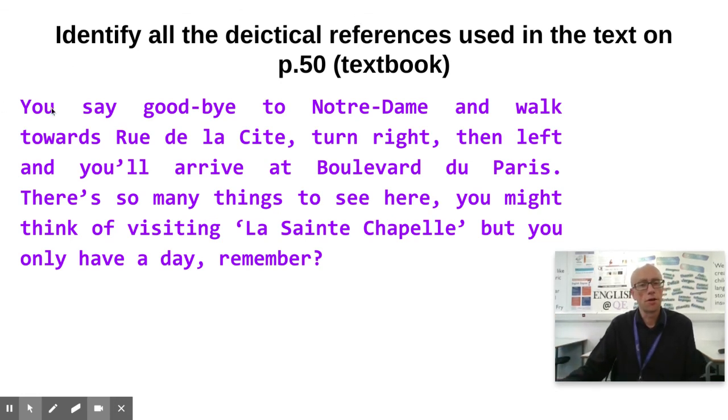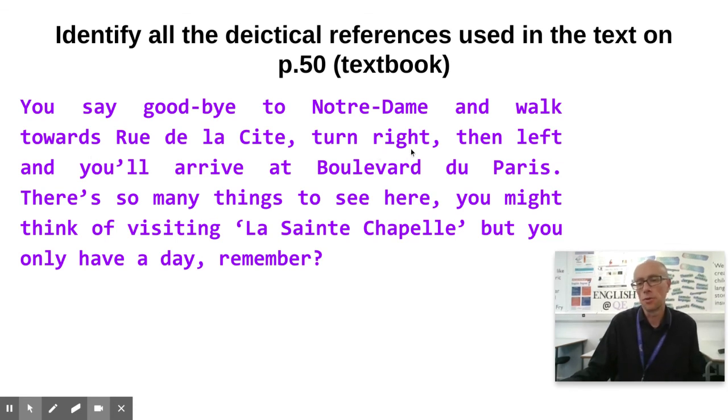Okay, so it starts off with the second person pronoun there, which is a piece of personal deixis, because obviously you have to be the person who is taking this guide in Paris for this to work as a text. And so you say goodbye to Notre Dame and walk towards Rue de la Cité. So this is suggesting that spatially you are in a particular place of Paris for this to make sense.